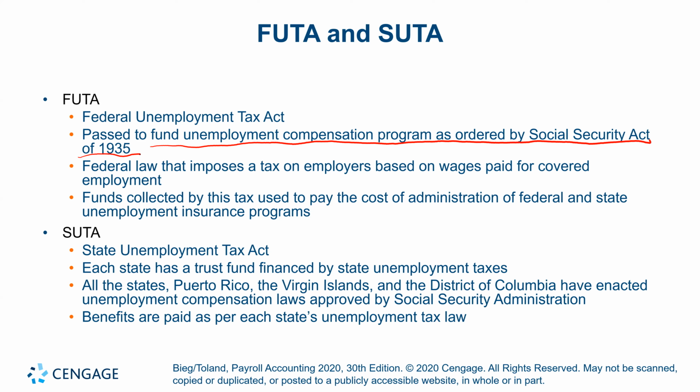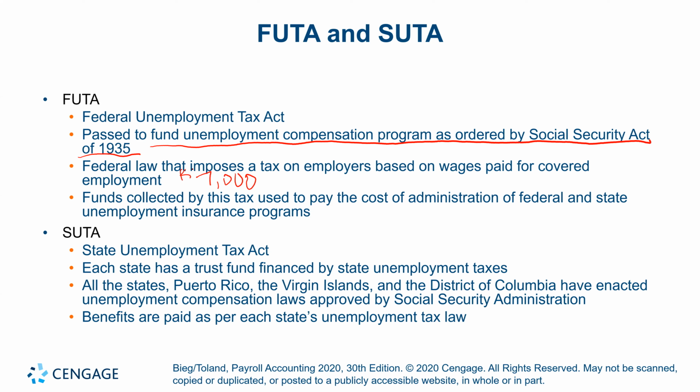As we're going to see, the federal wage limit is 7,000. Employers pay unemployment tax on up to 7,000 of wages. After 7,000 of wages, they do not have to pay unemployment tax on that employee any longer. Funds collected by this tax are used to pay the cost of administration of federal and state unemployment insurance programs. So that's FUTA.